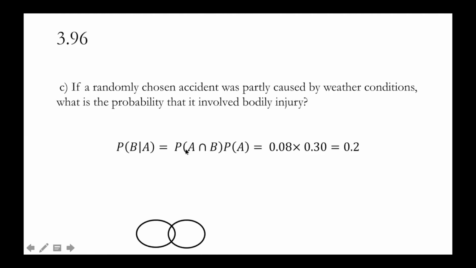We knew that the intersection between event A and B was 8%, and the probability of weather conditions was 30%. So then you calculate this, and you receive that 20% is the probability that it involves bodily injury, given that the accident was caused by weather conditions.